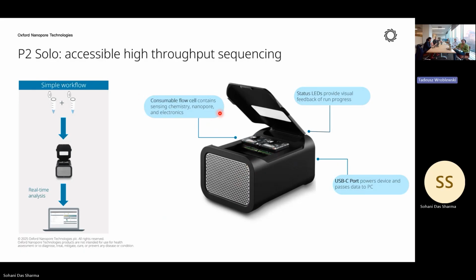This is where we are going to insert the flow cell. And there is an LED light there. When the sequencing is happening, it's green and blinking. If there is an error, it turns red. So these are the indications of whether it's working well or not.